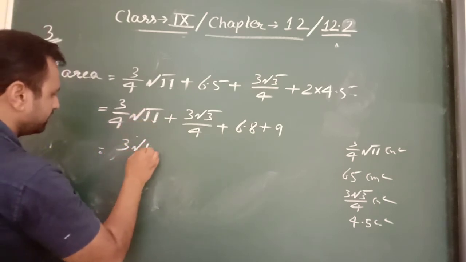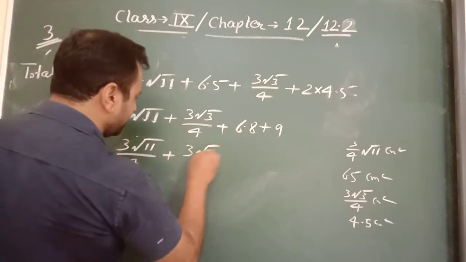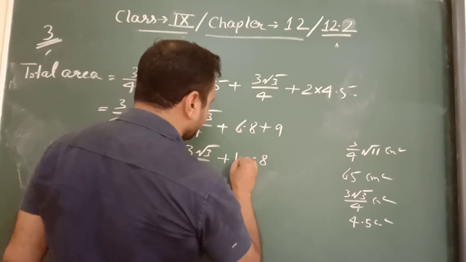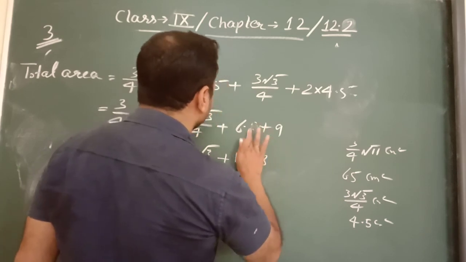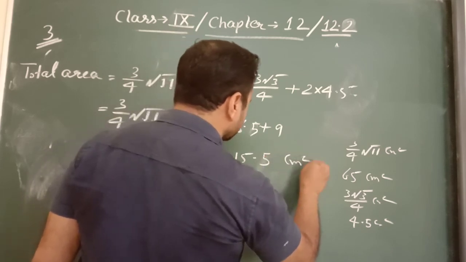So 3 under root 11/4 plus 3 under root 3/4, and their sum is 6.5 plus 9, so 15.5 centimeter square.